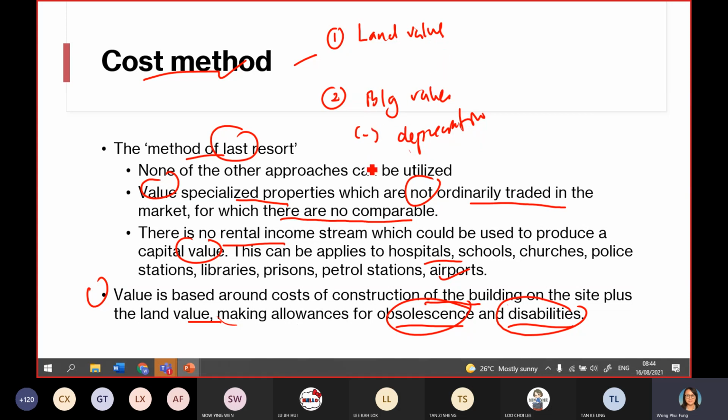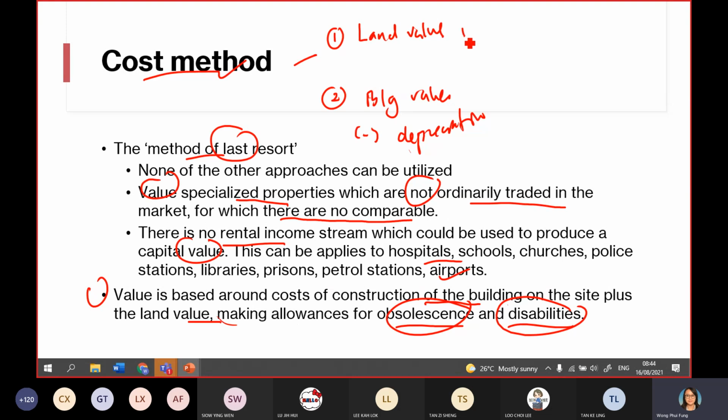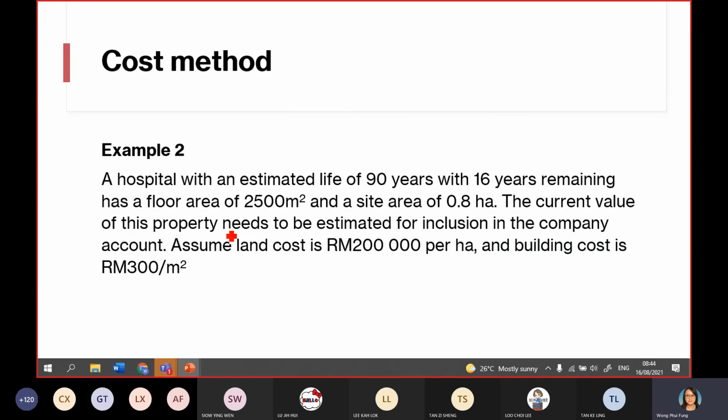So when you divide the calculation into land value and building value, the building value should minus depreciation. Land value, no need. So the calculation I think is simple, you can just remember this one. So straight away go to example 2.